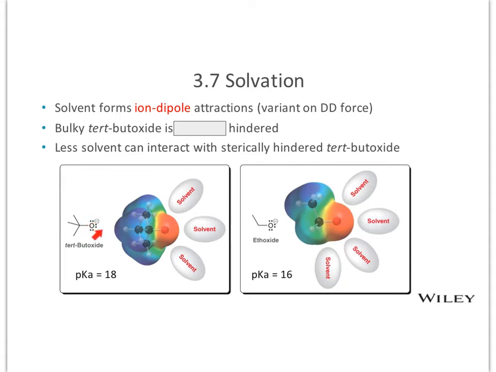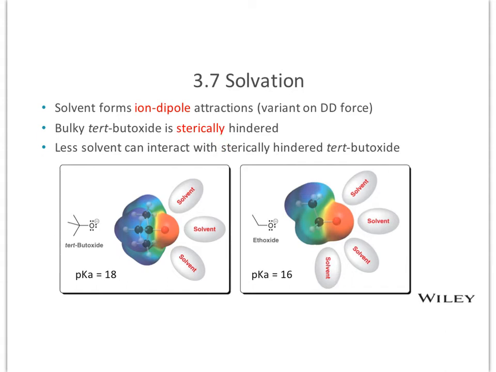The anionic oxygen is being solvated by fewer molecules in the case of tertiary butoxide than in the case of ethoxide. Why is that? It has to do with a factor that chemists refer to as steric hindrance. The tertiary butoxide is more sterically hindered. What does that mean? It's a fancy term for a pretty straightforward idea.